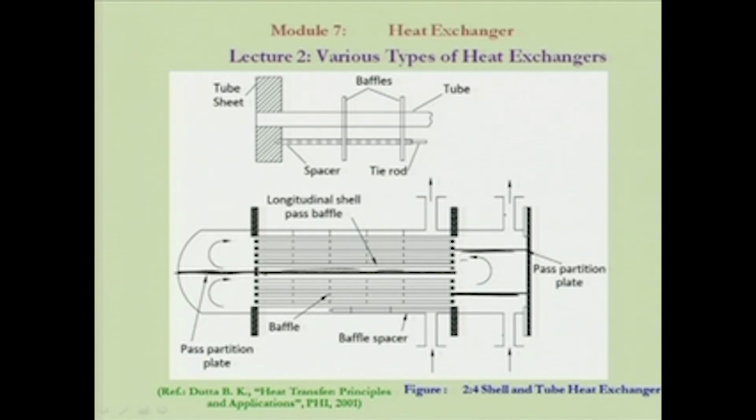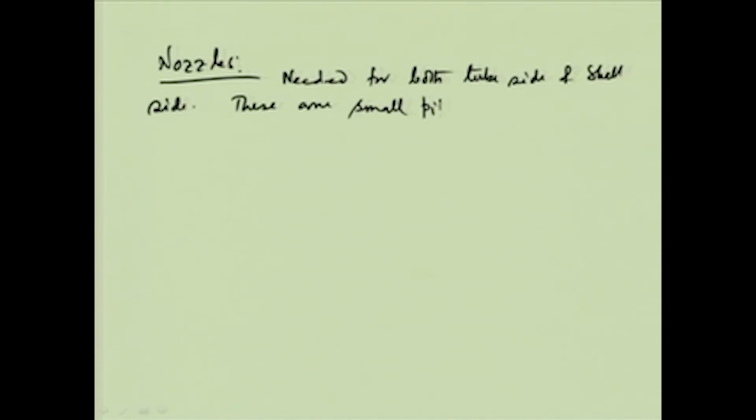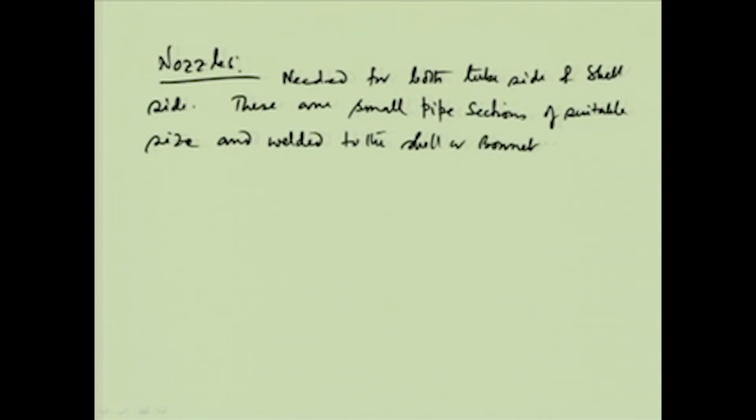Nozzles are basically small pipe sections of suitable size, welded to the shell or the bonnet or the channel. Nozzles are needed for both the tube side and the shell side.